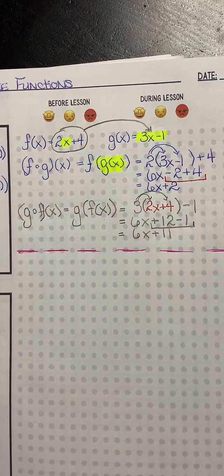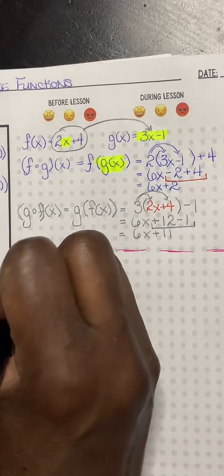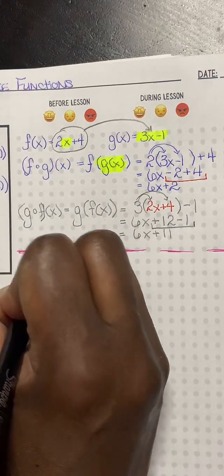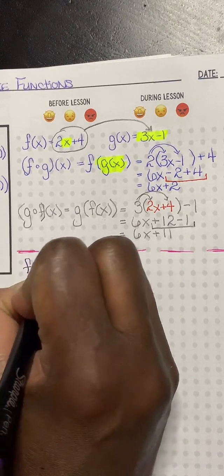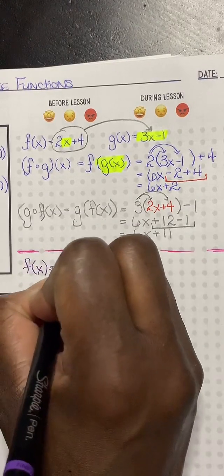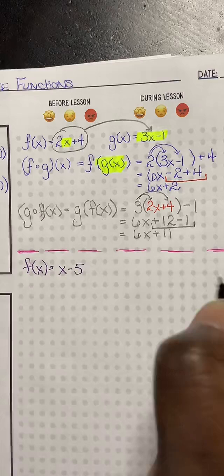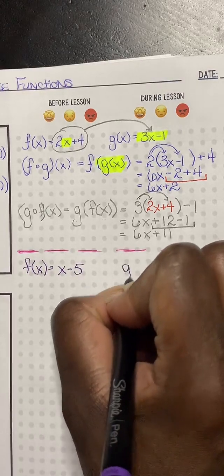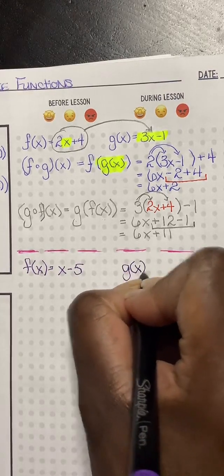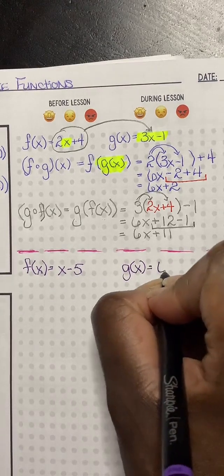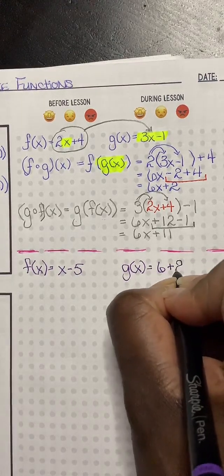And then we have, let's say, the f of x. That's going to equal x minus 5. And the g of x, that's going to be 6 plus 2x.